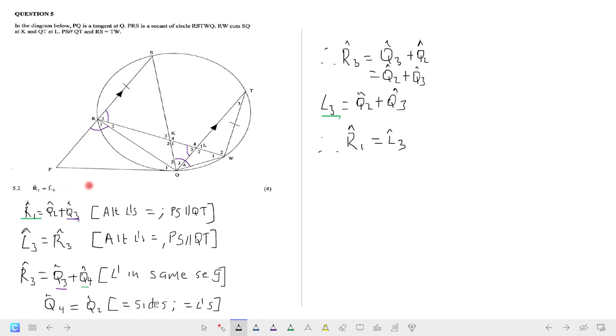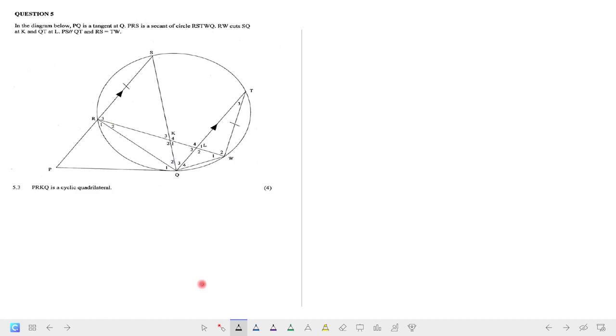So let's go ahead and look into the last question. Prove that PRKQ is a cyclic quadrilateral, right? So we're going to draw that one. PRKQ. All right, let me just clearly draw this one.